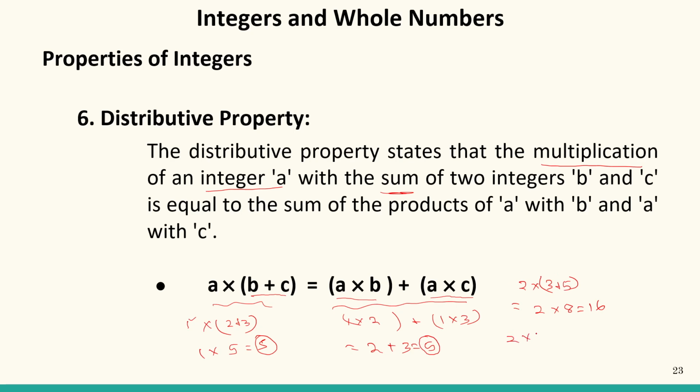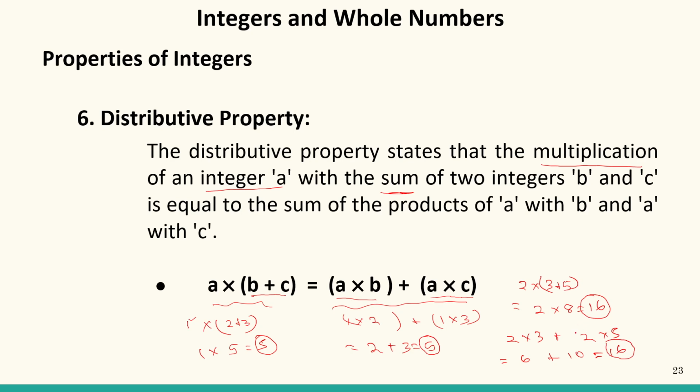So 2 multiplied by 3 plus 2 multiplied by 5. So this is equal to 6 and this is equal to 10. That is equal to 16. Okay, so we can see that these two are same. So we can say that the distributive property holds.